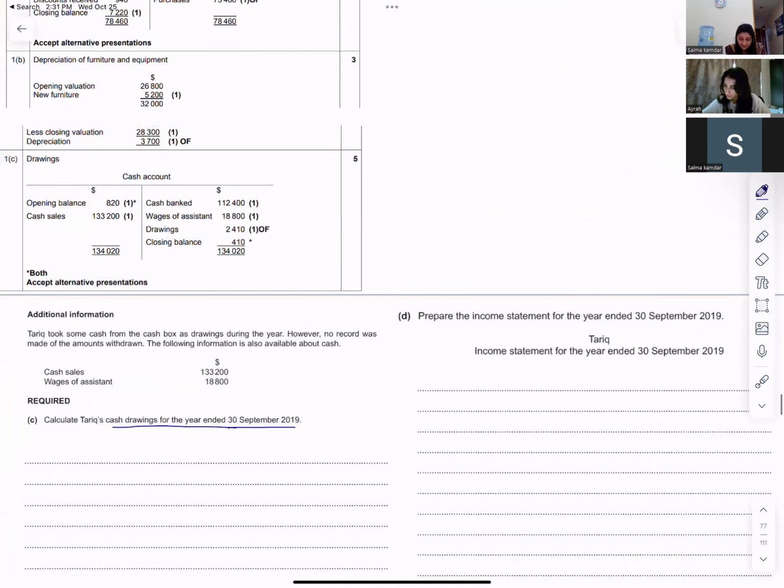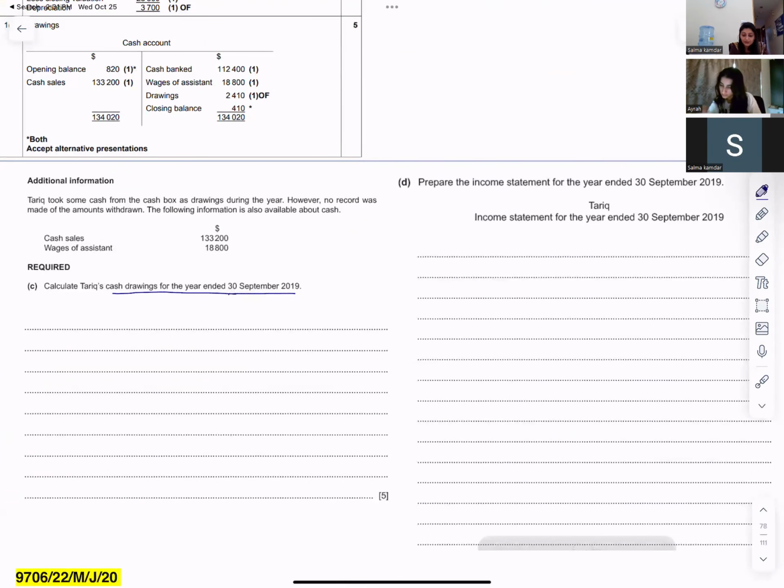The entry down says they want us to calculate cash drawings. So they want us to calculate the cash that is withdrawn from the business as drawings.